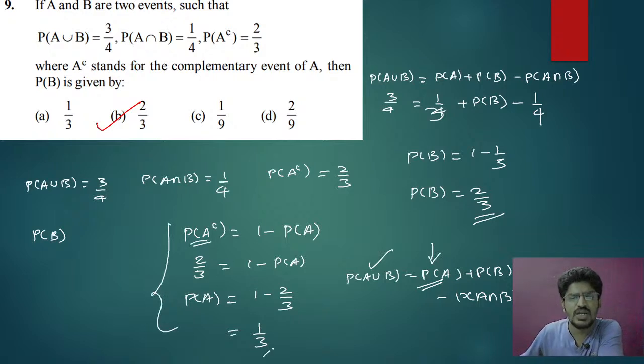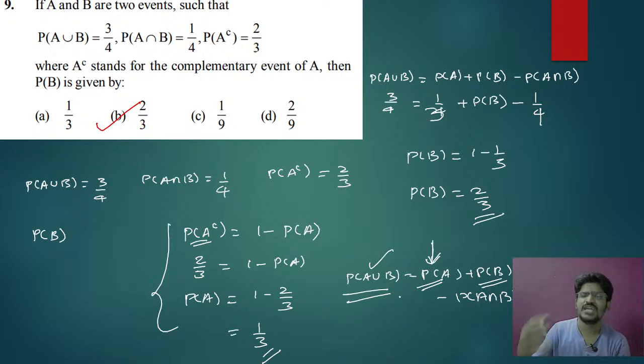Once you get probability of A, you just replace here and you can find probability of B. So probability of B is how much? 2 by 3. So answer will be 2 by 3 for this particular question.